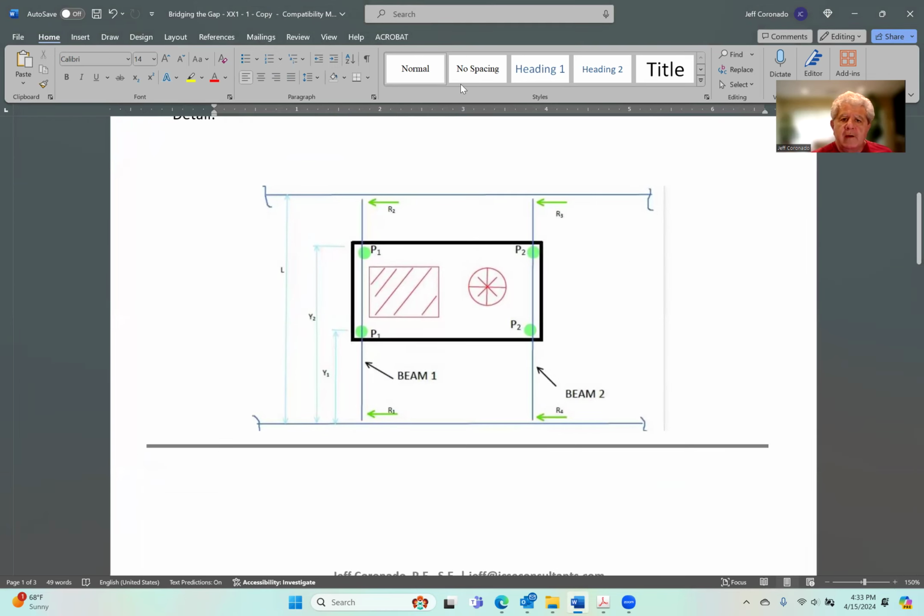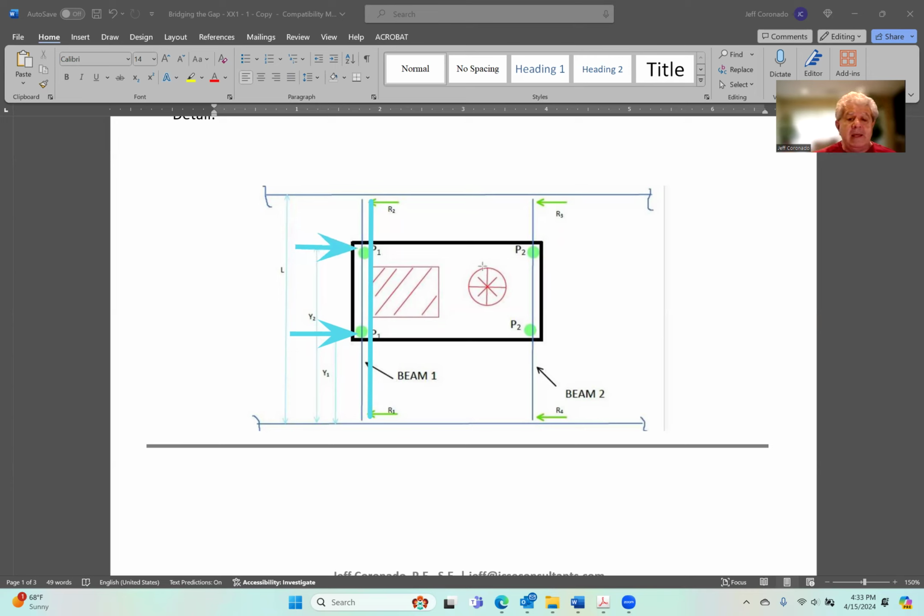What we have is a simply supported beam with concentrated loads resulting from P1, and they're the same magnitude.